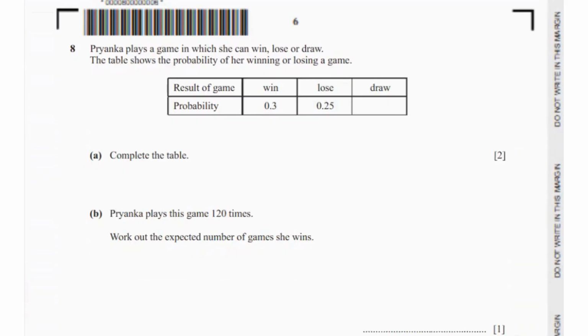So the probabilities of win, lose, and draw always add up to 1. To find the probability of a draw, we will do 1 minus 0.3 minus 0.25, which will give us 0.45. That is the probability of her getting a draw.